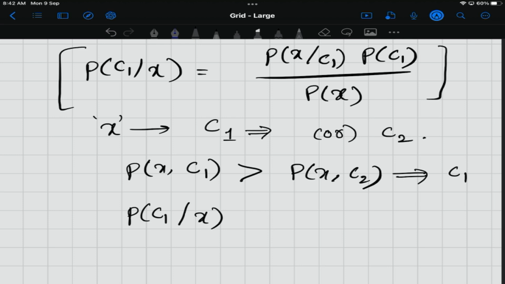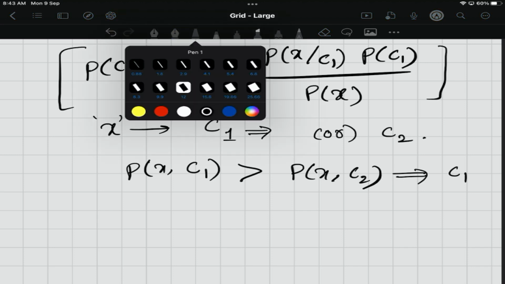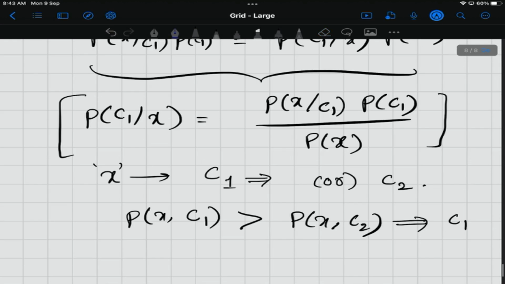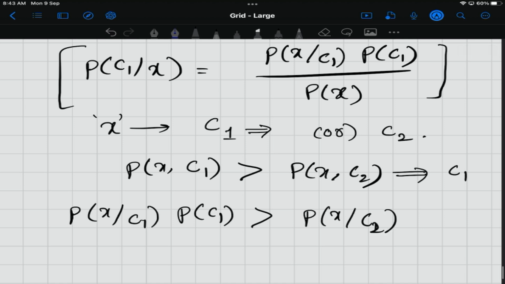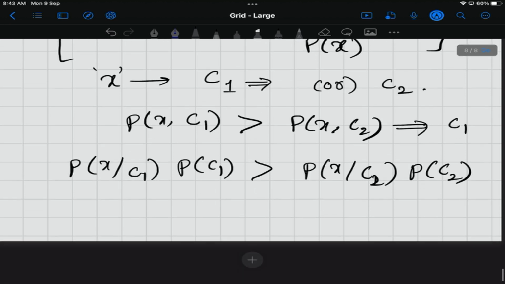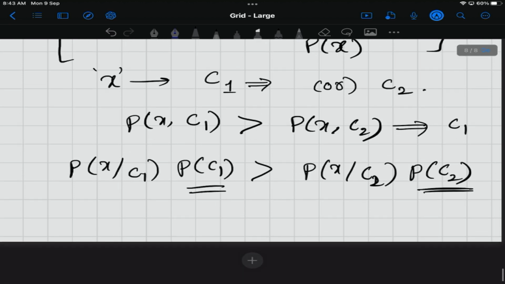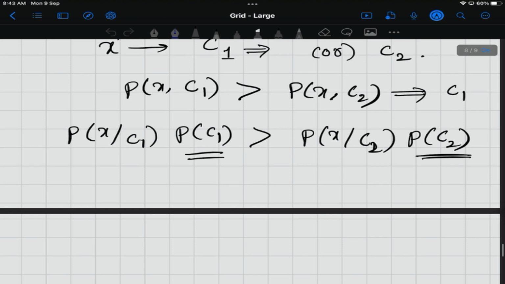So this is equivalent to substituting probability of x comma C1 into probability of x given C1 times probability of C1, greater than probability of x given C2 times probability of C2. So now, what are this probability of C1 and probability of C2? They are not distributions of x, but they are like priors, right?